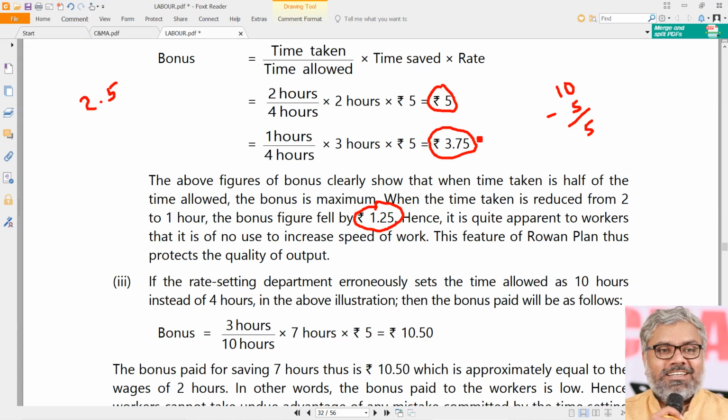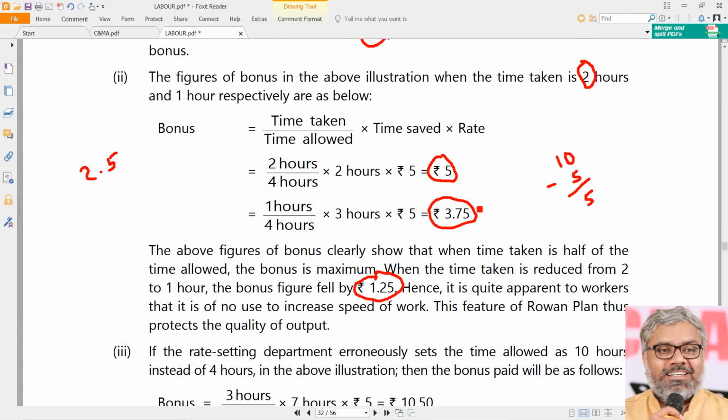He might be gaining in absolute amounts, yes, but hourly he is not gaining. Hourly he is losing. Earlier, because 1 hour was the only saving, the management was getting only 1.25. Now, hourly the management is getting 2.5. So it is more beneficial to the management if the workers work too fast.